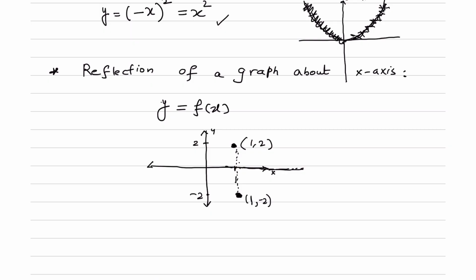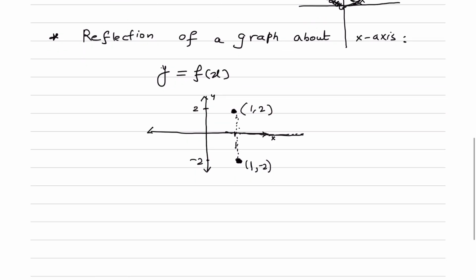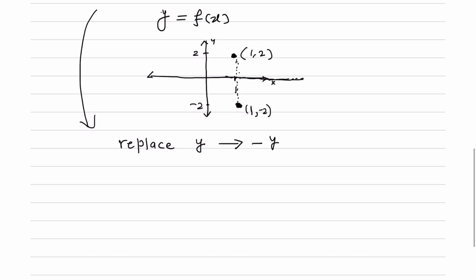So now we know that if we are going to reflect a point about the x-axis, x remains unchanged but y is changed to -y. So we will say that for reflection about the x-axis, replace y with -y. Once we do that, the whole graph will be reflected about the x-axis.